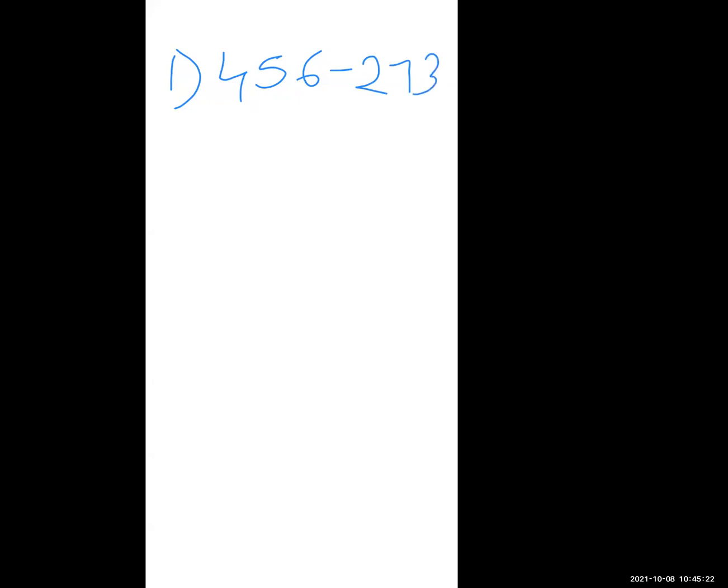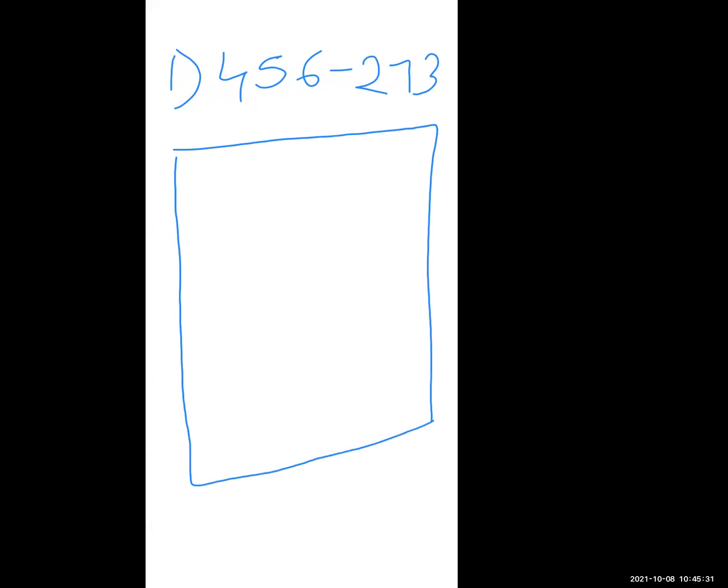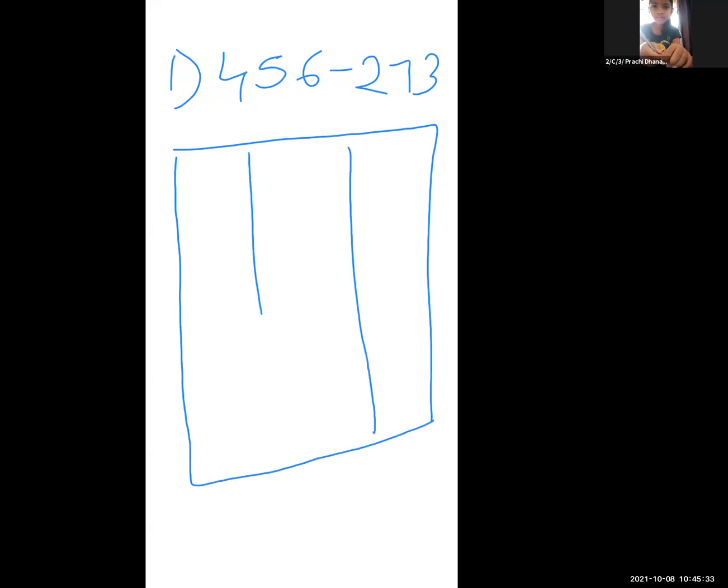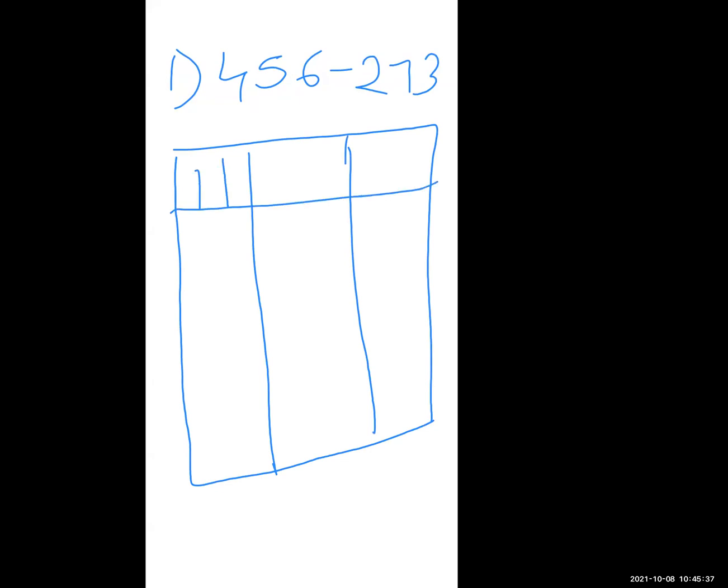Okay, so what we have to do, we have to draw columns first. It is 3 digits, so how many columns will come? 3 columns. Very good. Okay, so the first column is hundreds, tens and ones. Correct. Then we have to skip one row for borrowing.